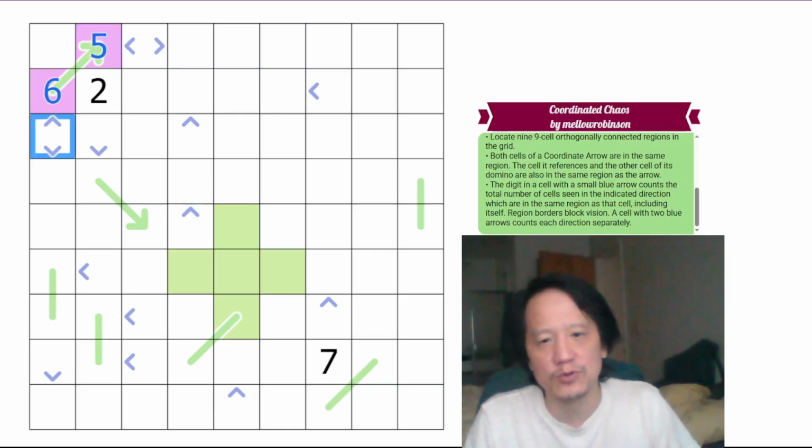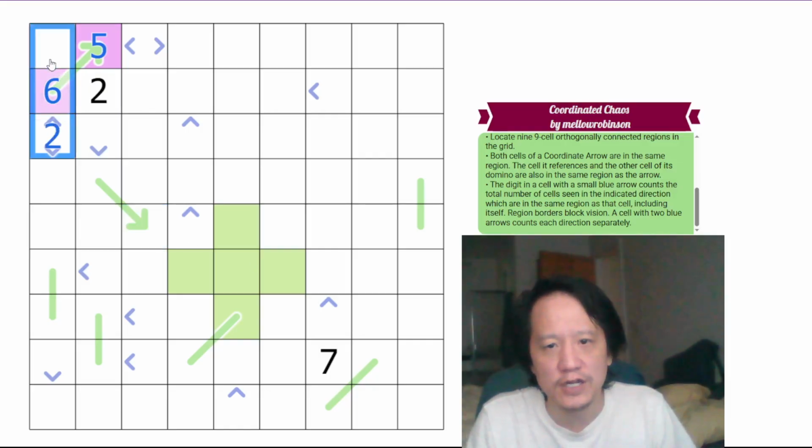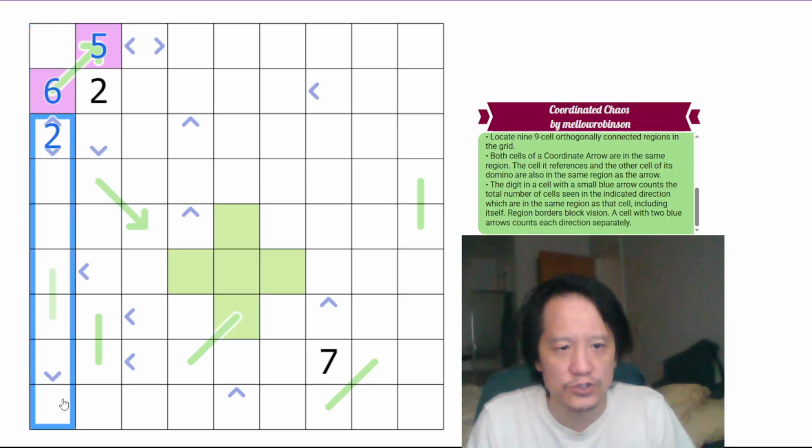So, for example, if this were, say, a 2, it would say, in this direction, including the cell itself, how many cells are in that region. And it would say there are only 2 in this direction, and there are 2 in this direction.